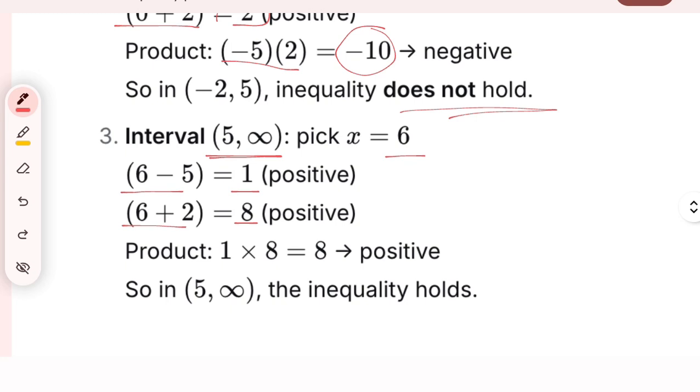Then multiply: 1 times 8 is positive 8. Is 8 greater than 0? The answer is yes, of course. Therefore, the third interval, which is 5 to infinity, holds. It is correct.